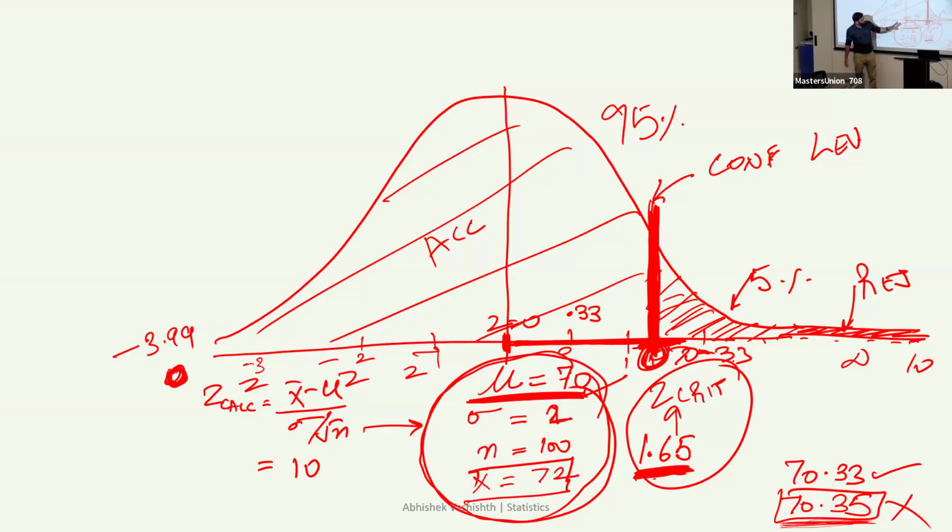So I am saying that I am right now 95% confident with this particular value, which is 70.33, that the bias is controlled. So if I do it 100 times, even if Dyson's claim is 70, out of 100, 95 times it should be below 70.33 to accept their claim.